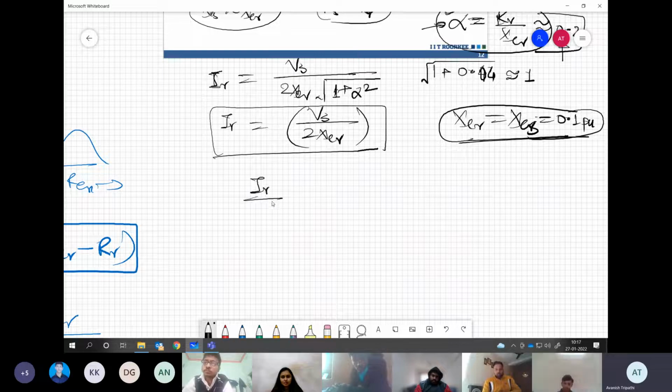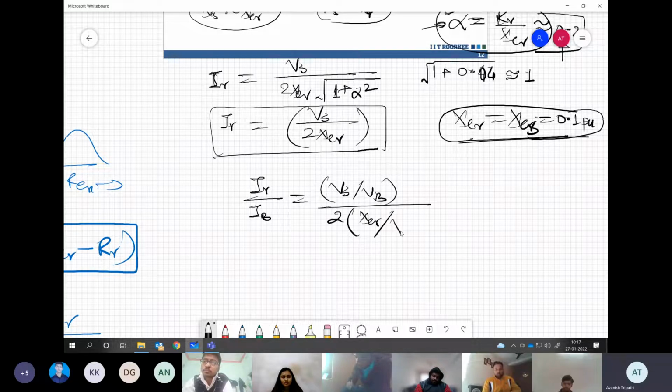So IR divided by the base is Vs divided by V base, and 2 times XLR divided by X base. So we are feeding 1 per unit voltage over here, so this numerator is 1, and this we have seen is something like 0.1 per unit. So this becomes 0.1, turning out to be 5 per unit.